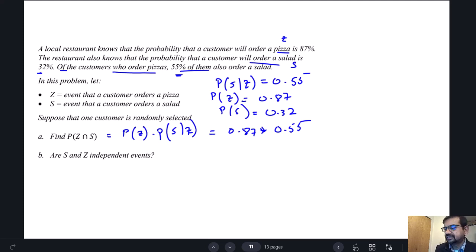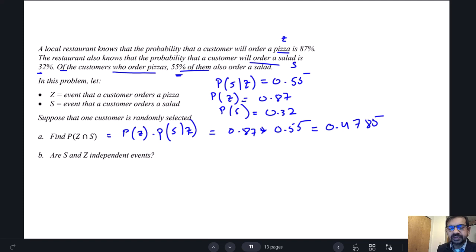And running this in Excel or in a calculator, we get 0.4785. So the probability of a person buying pizza and salad, this P(Z intersection S), is given by 0.4785. The next question is, are S and Z independent?